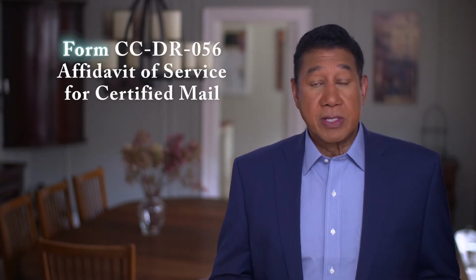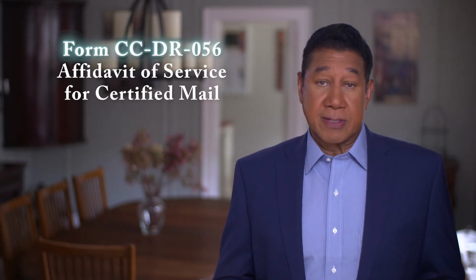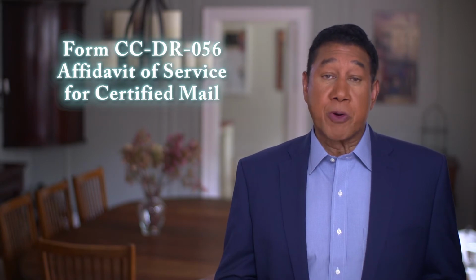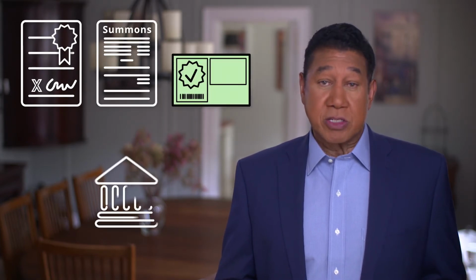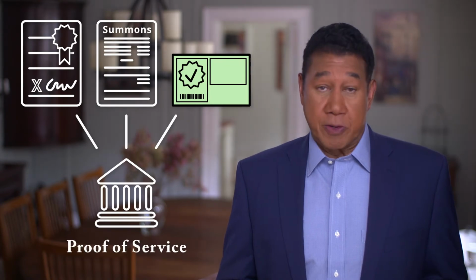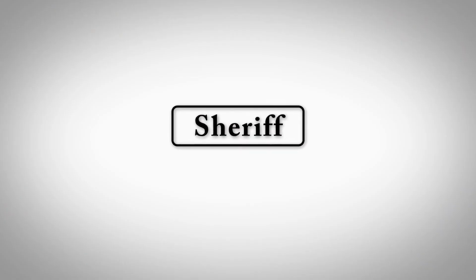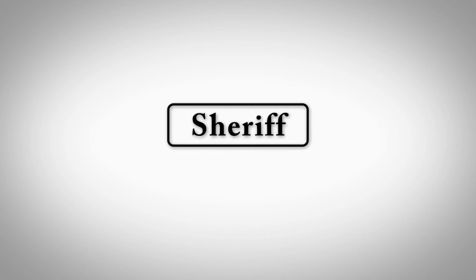This form, CCDR 056, Affidavit of Service for Certified Mail, should be completed by the person helping you. The last step is to submit the affidavit, a copy of the summons, and the return receipt to the court as proof of service.